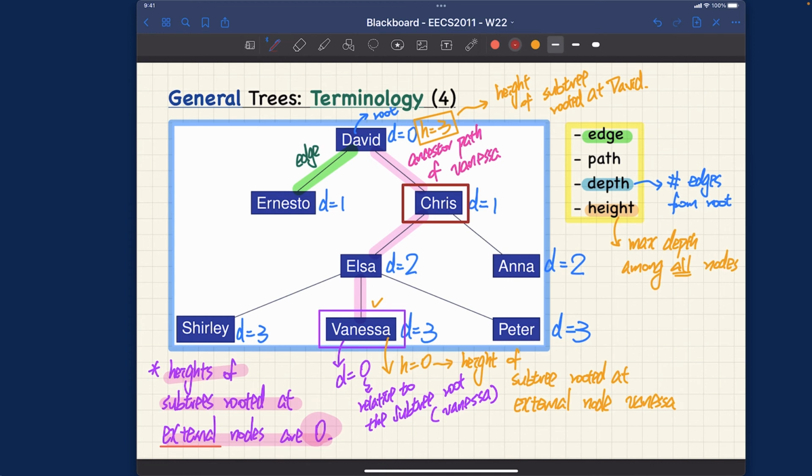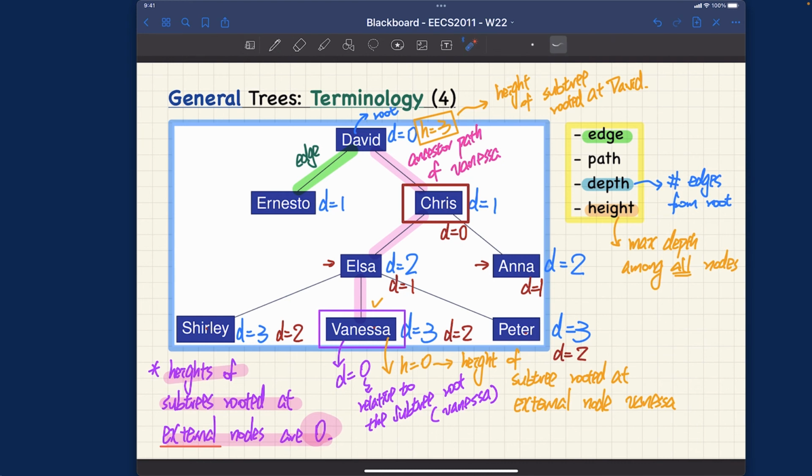For quiz being the root, the depth will just be 0, right? And the first level will be Elsa and Anna. In that case, the depth will be just 1. And then the next level will be Shirley, Vanessa, and Peter. The depth will just be 3. Oh, sorry, 2. And the depth will be 2, and the depth will be 2, right?